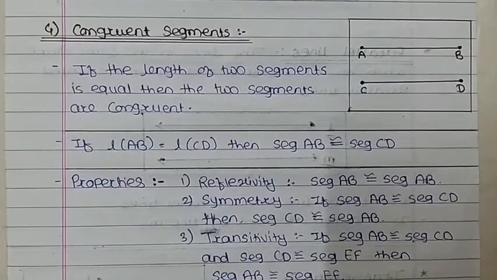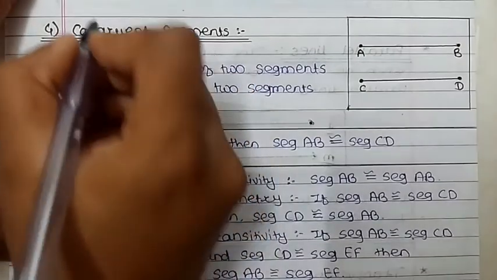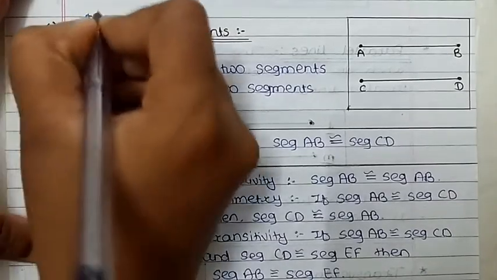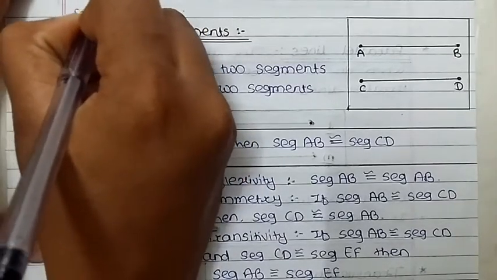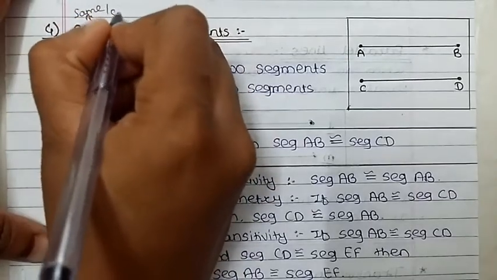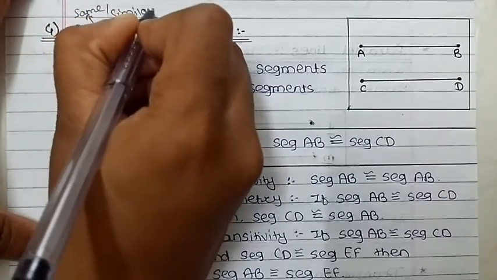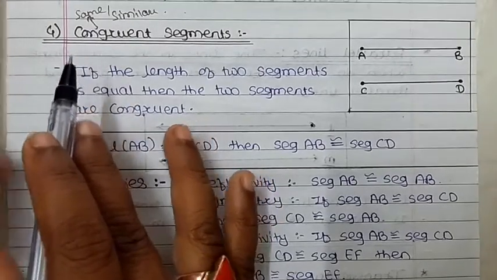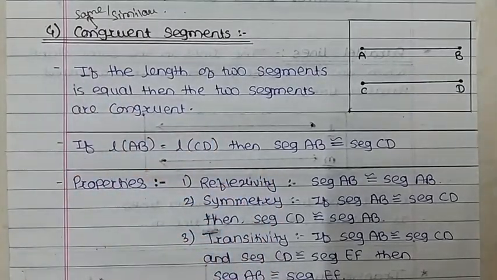Next is congruent segments. So congruent means what? Congruent means same or similar. So we have to discuss what is meant by the same or similar segments.